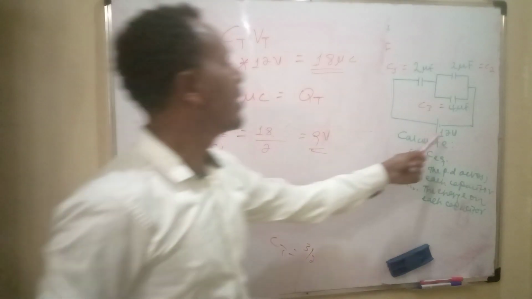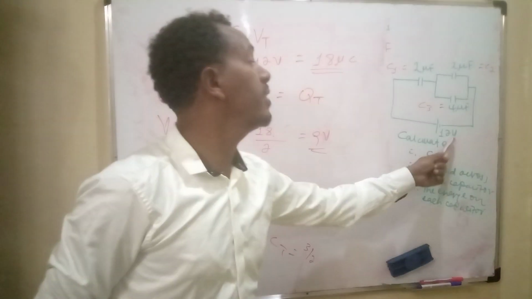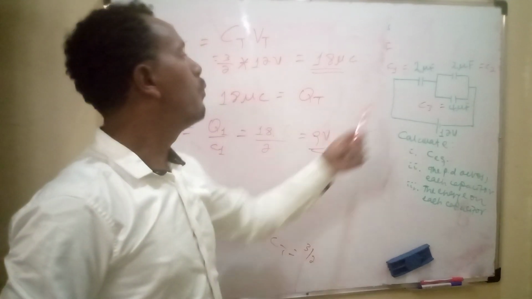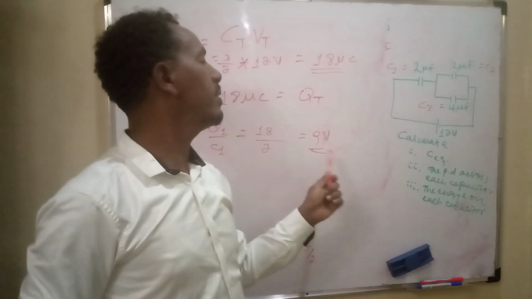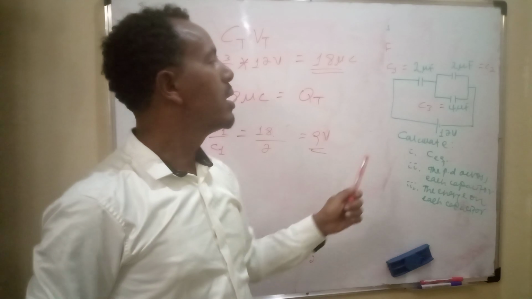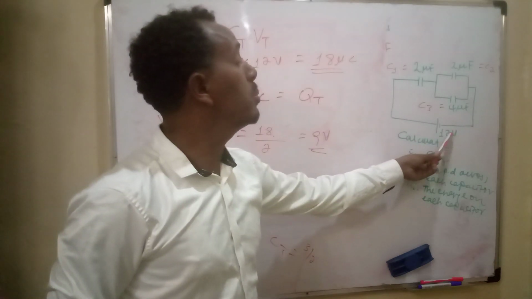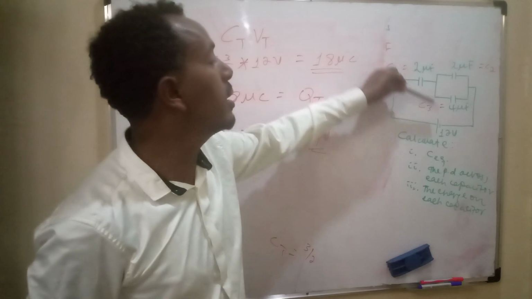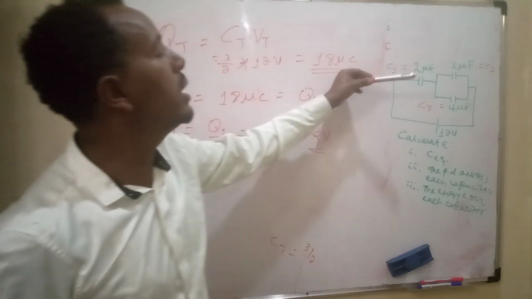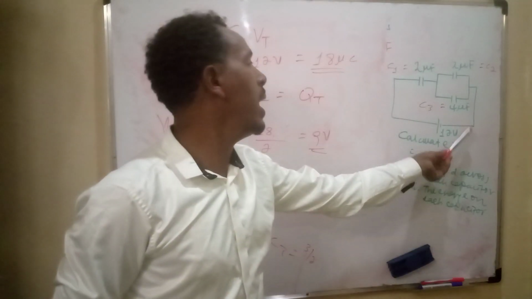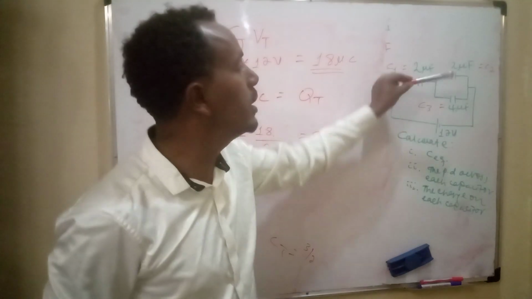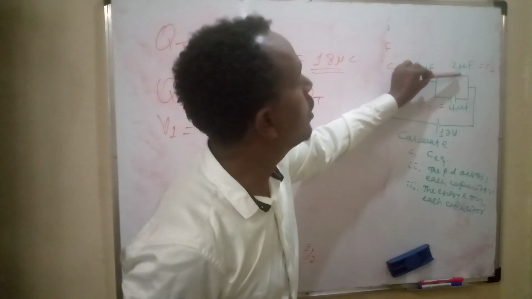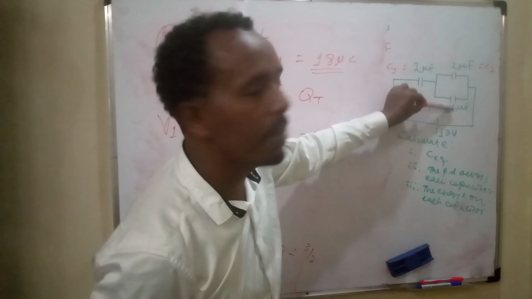Look, the total voltage delivered to the circuit is 12 volt. The voltage drop on capacitor 1 is 9 volt. The rest of the voltage, 12 minus 9, which is 3 volt, is transmitted to the parallel connection of capacitors.